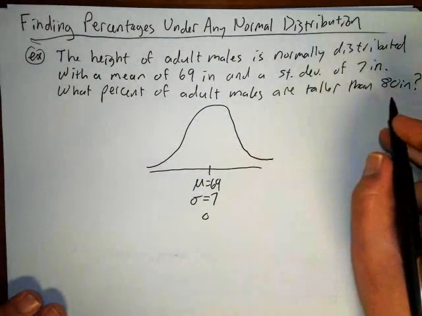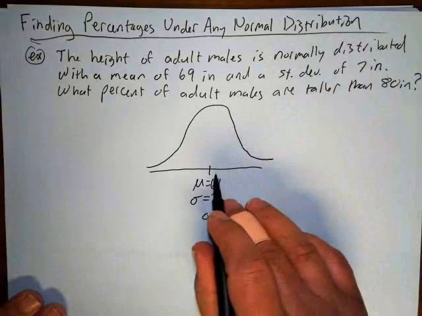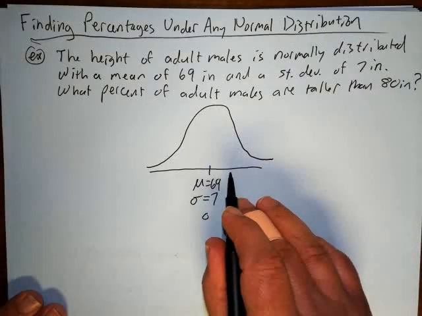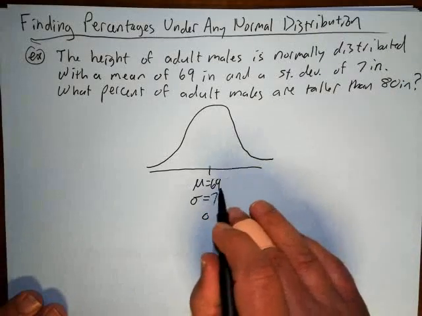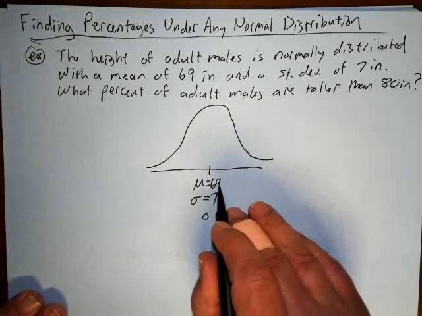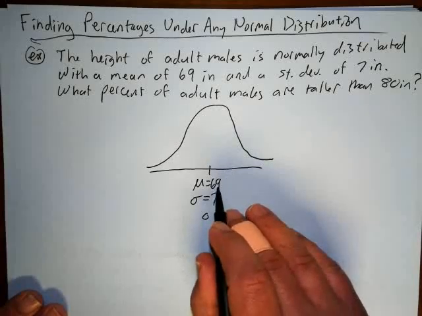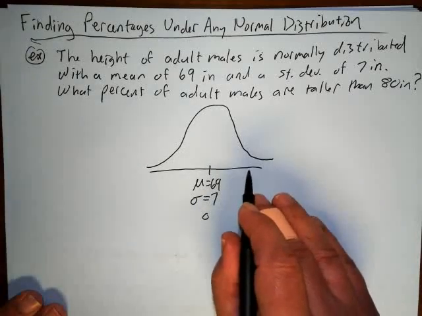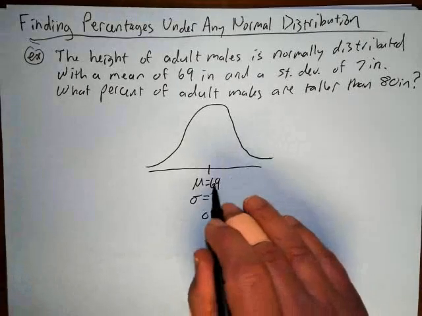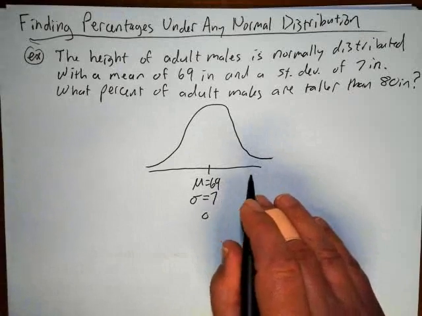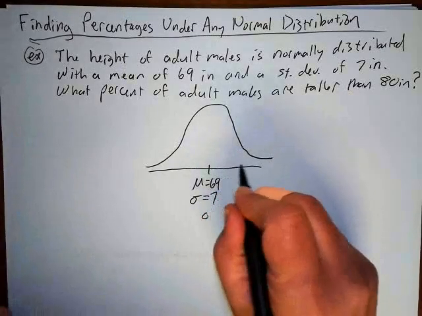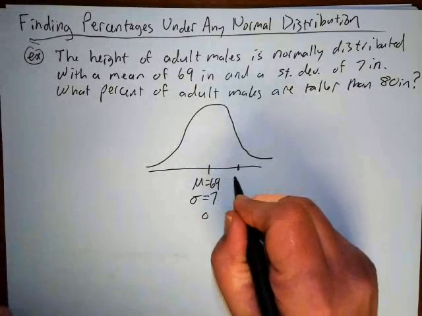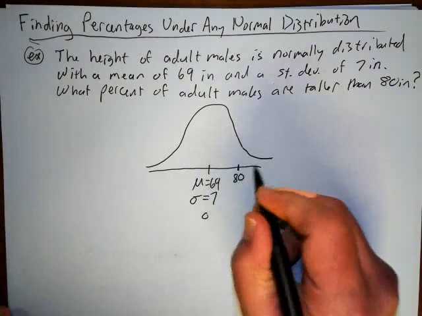And 80 inches lies more than one standard deviation above the mean, but not quite 2 standard deviations. So 83 inches would be 2 standard deviations above the mean. Okay, so 80 inches, this doesn't have to be perfect, but it might be about there.